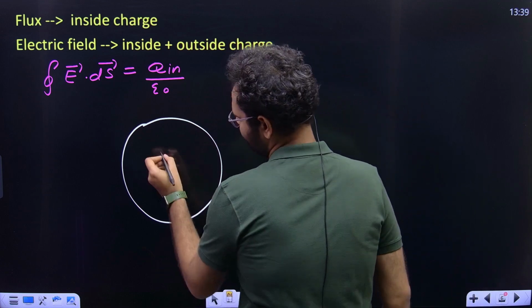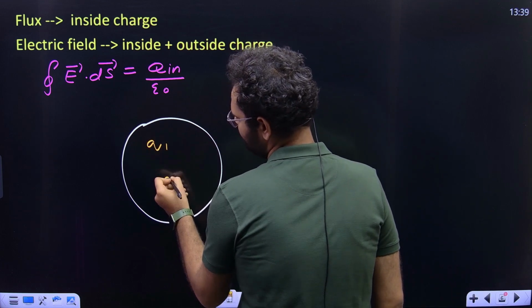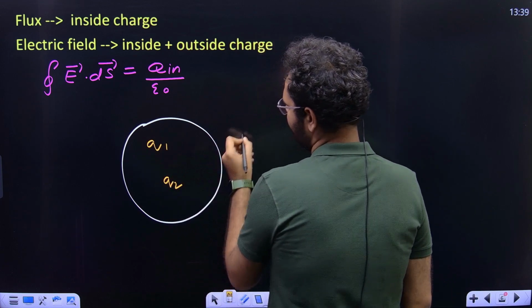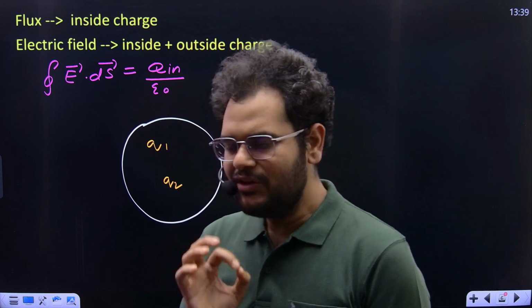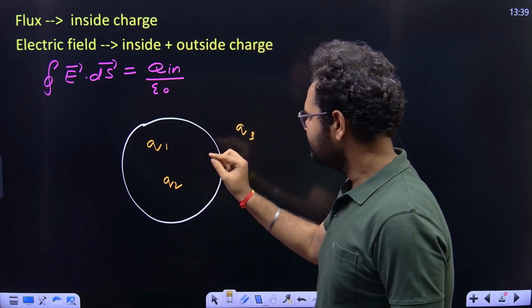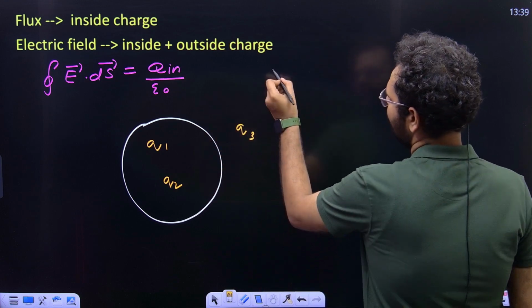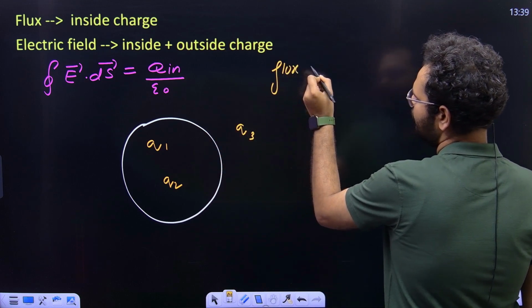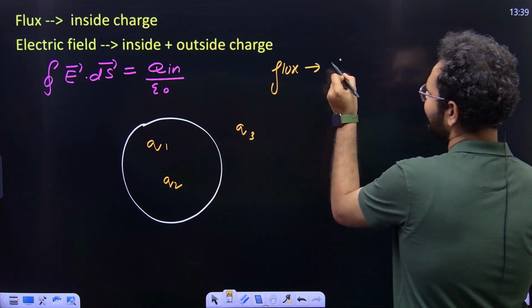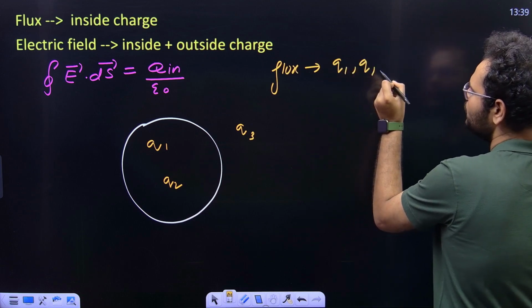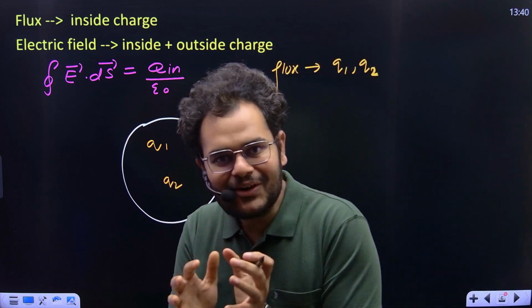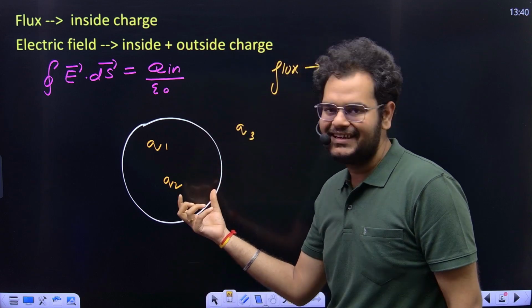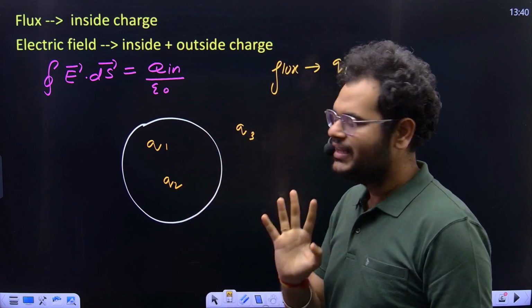Here q1, q2, and let us say here q3 is there. You tell me one thing. Flux is due to which charge? q1, q2. Will it be due to q3? No, it will not be there. Why? Because it is outside, right? Flux is due only to the inside charge.